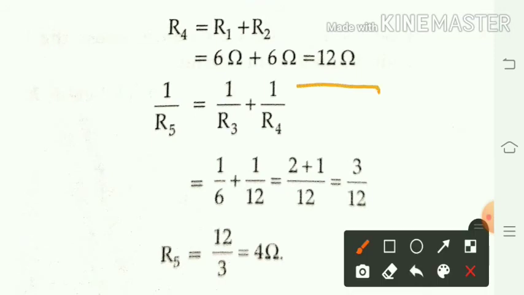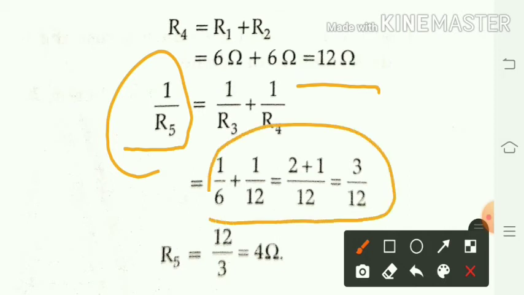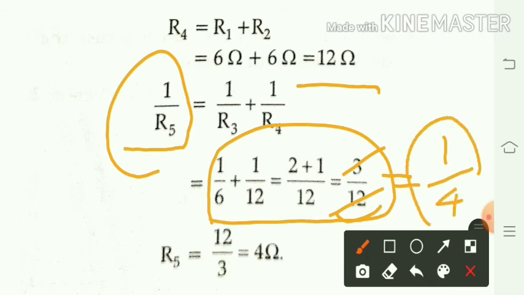Now another resistor is in parallel combination, therefore we can take its reciprocal: 1 upon R5 is equal to 1 upon R3 plus 1 upon R4. By putting their values, we get 3 by 12, that is 1 by 4. Here 3 by 12 means 3 ones are 3 and 3 fours are 12. So this value is 1 by 4. But by taking its reciprocal, we get the value of R5 as 4 ohm.